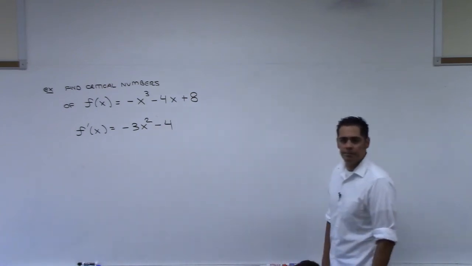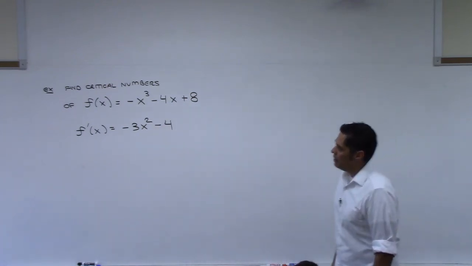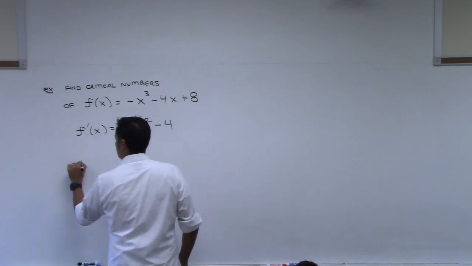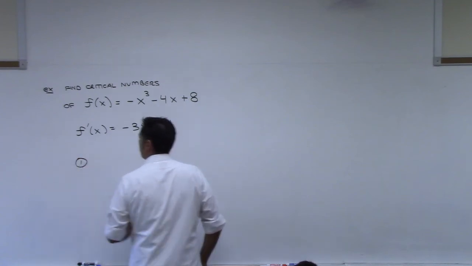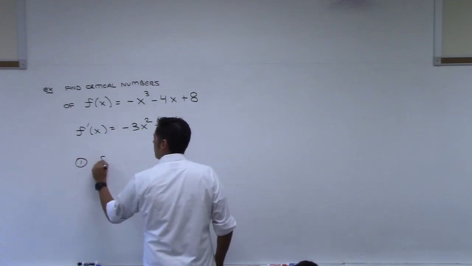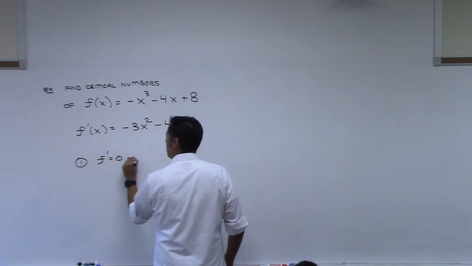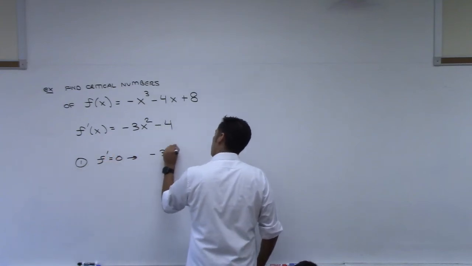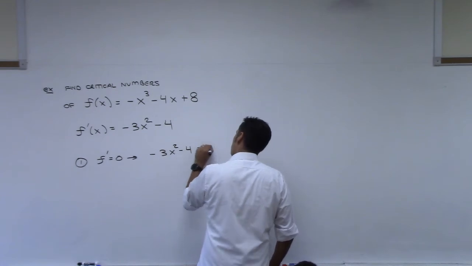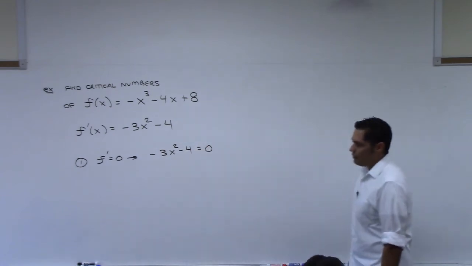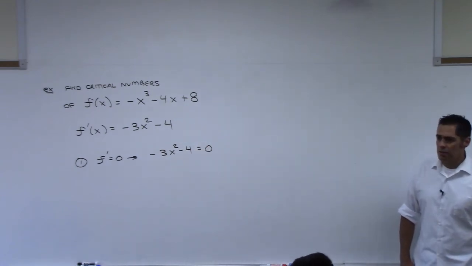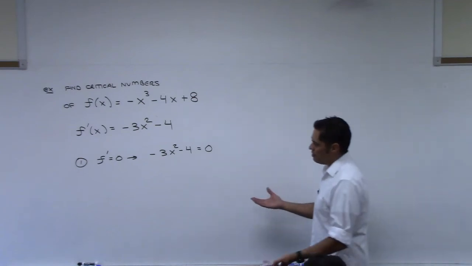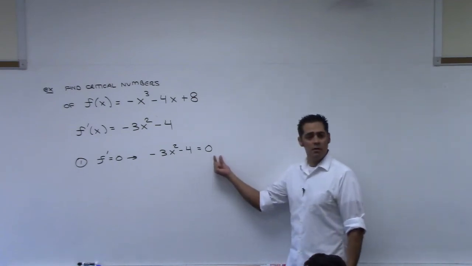Okay? And then, first thing after we do that, set it equal to 0. So I want to know when is the derivative 0. So I take negative 3x squared minus 4, set it equal to 0. And now you have several options on how to do this, but I think the one that would make most sense to most people would be to move the 4 over, right?